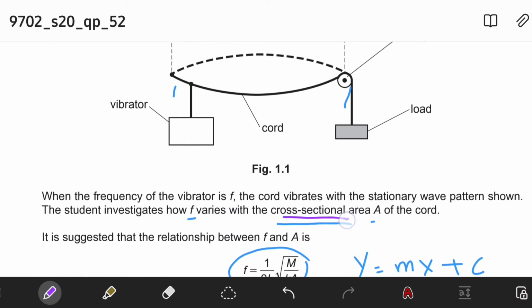The student is investigating F, which is the frequency of the vibrator, and the cross-sectional area of the cord, their relationship. So the dependent variable is obviously frequency, since we are changing the cross-sectional area, and frequency changes due to the cross-sectional area being changed.